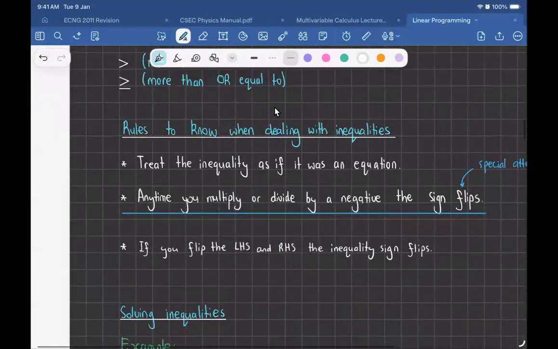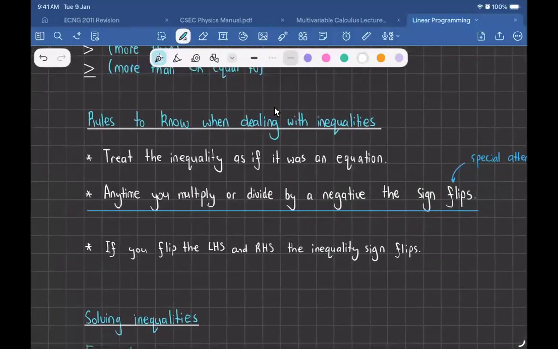If you flip the left hand side and the right hand side, the inequality sign flips. So, Ria, I'd like you to read the one I just added in there. If you flip the left hand side and the right hand side, the inequality sign flips.